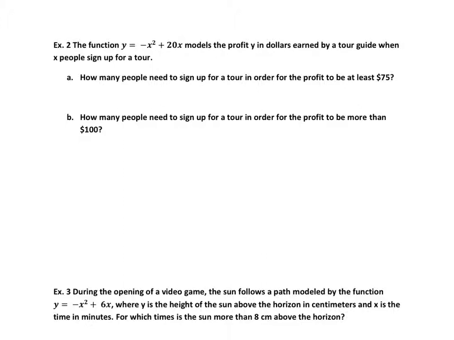So first thing is, okay, I'm going to set up my equation. I'm going to come right here. Negative x squared plus 20x is greater than or equal to $75. So this is my inequality setup. So in order to solve it, I'm going to move everything to one side. Now, notice my x squared is negative over here.